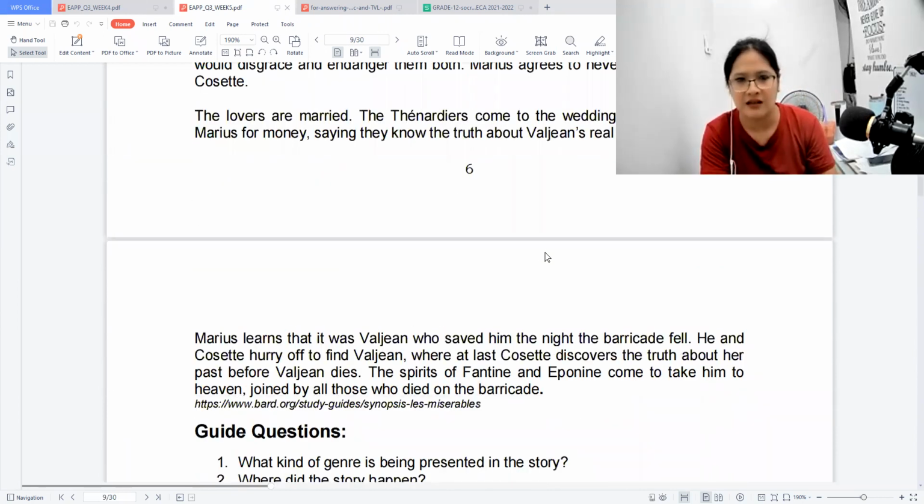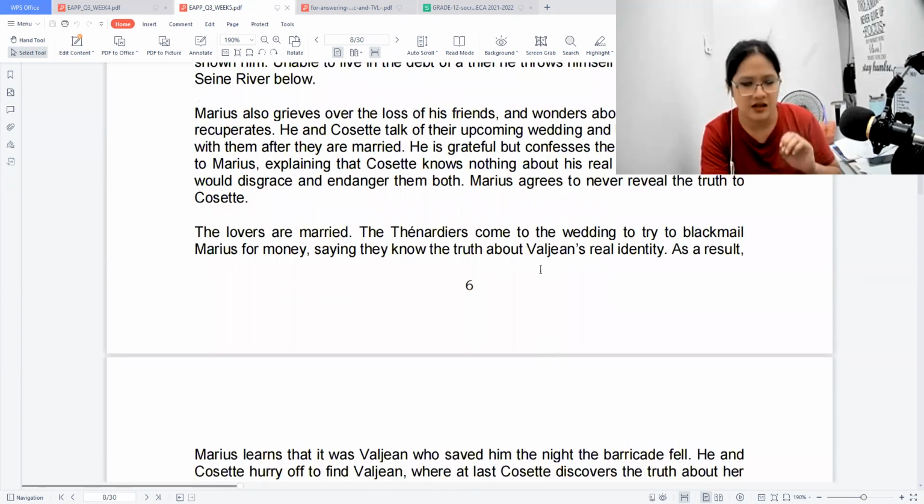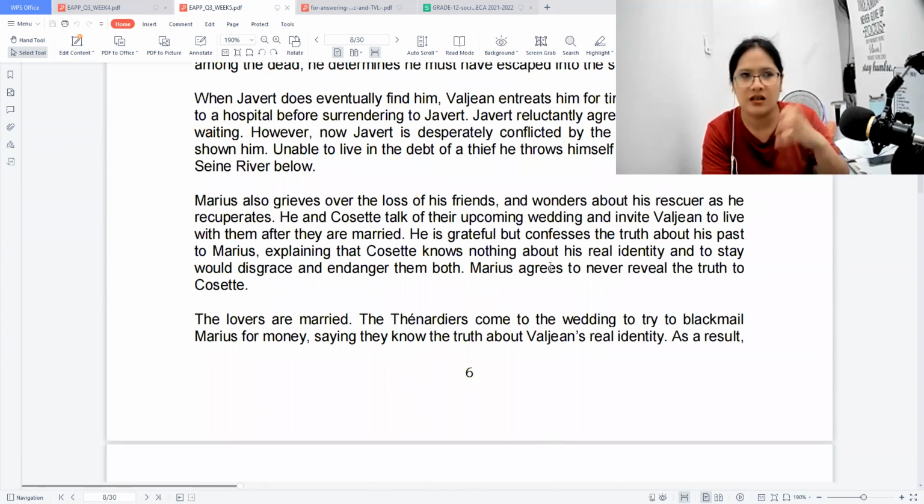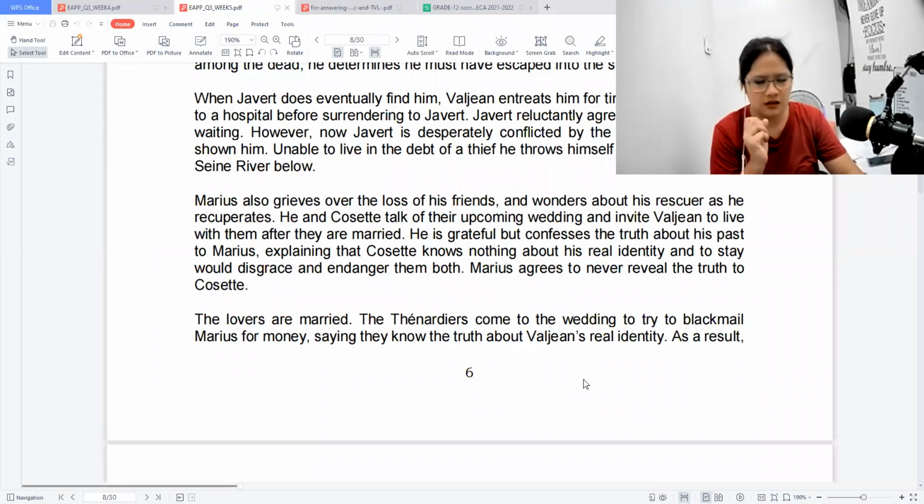Basahin niyo na lang muna. But then again, there's the revolution, the current situation that they're currently in brings to life the revolution. But in simplest term, the story is about Jean Valjean, yung nakulong nga.